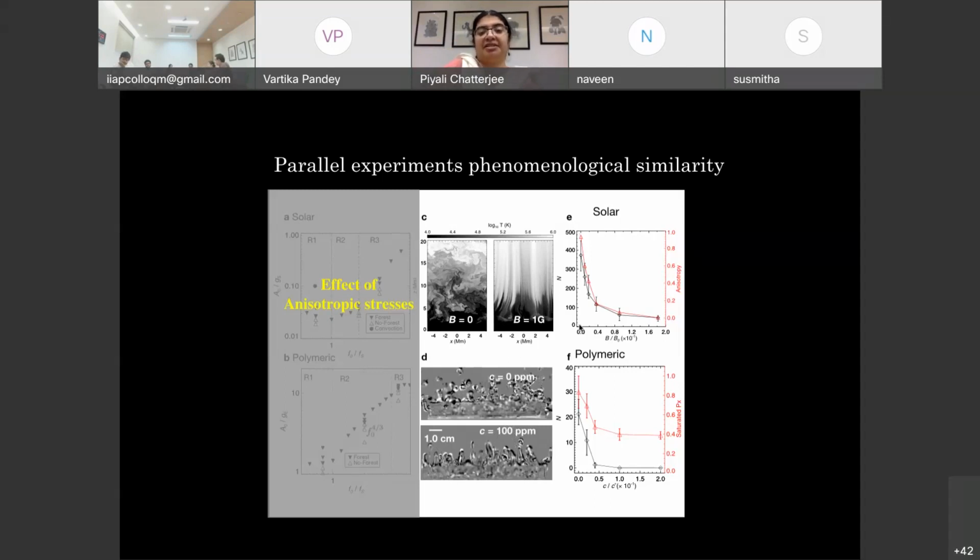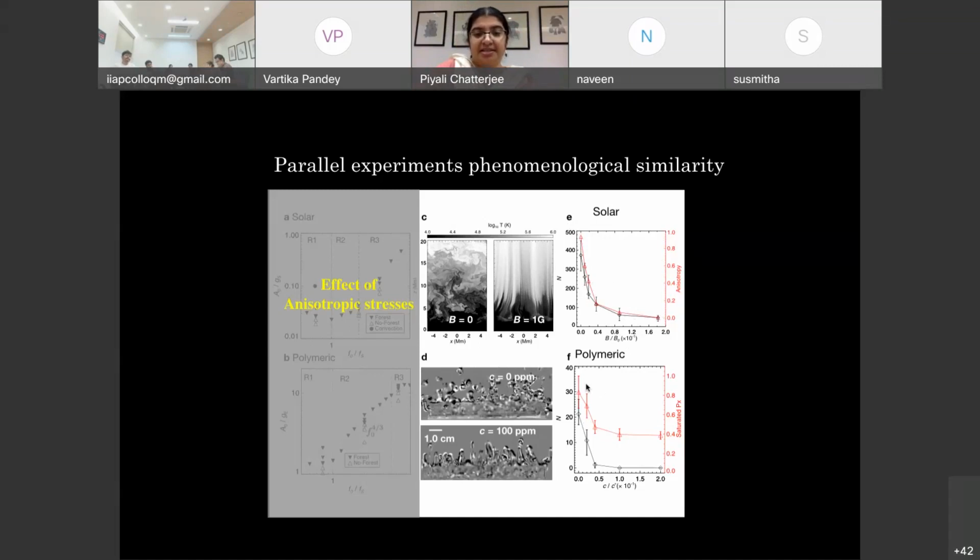So we quantify these two things in terms of plots, one for the solar MHD and one for the polymeric case. We try to measure the anisotropy introduced by the magnetic field. So we have the anisotropy as a function of increasing magnetic field, and the anisotropy measure increases as you increase the magnetic field.